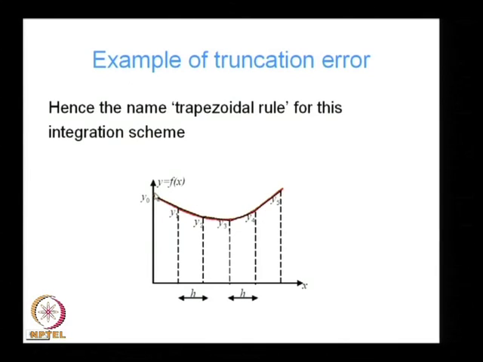That is, this area between the curve and the x-axis is approximated by these trapezoids, each trapezoid representing an iteration in our secant update algorithm. So, each trapezoid has of course constant base h, since we are iterating with a constant step size, and since the total area under the curve is obtained by summing up the area of these trapezoids, we use the name trapezoidal rule for this integration scheme.